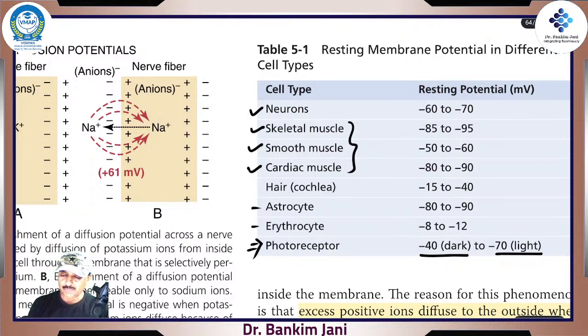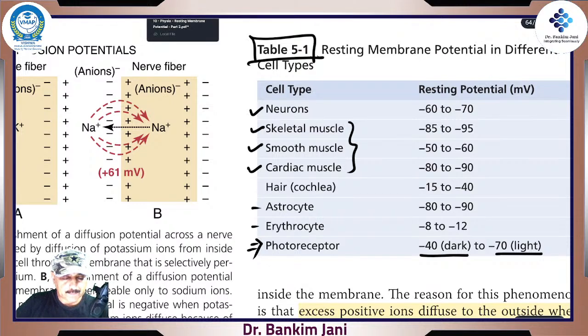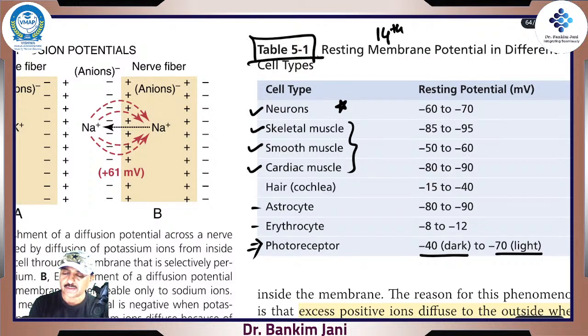So this is the table I was talking about. No need to cram, but we'll be coming across these again and again. At this point of time, just remember neurons, minus 60 to minus 70. This is the 14th edition, right?